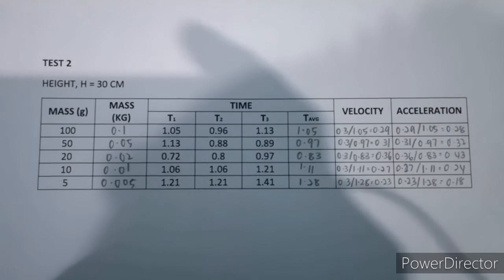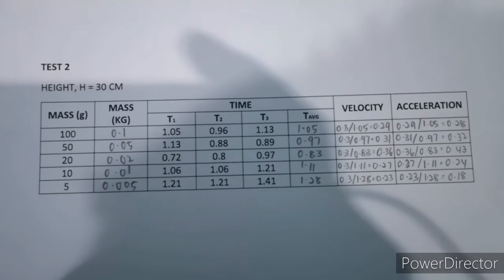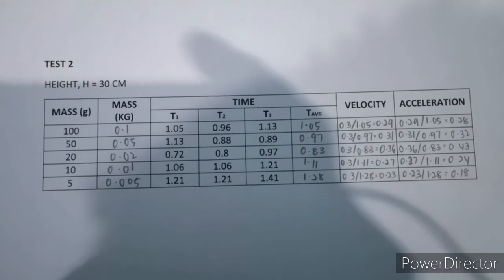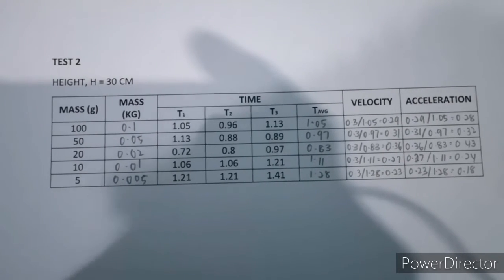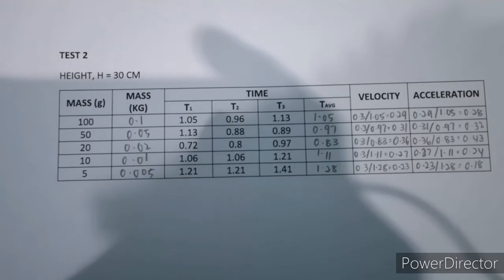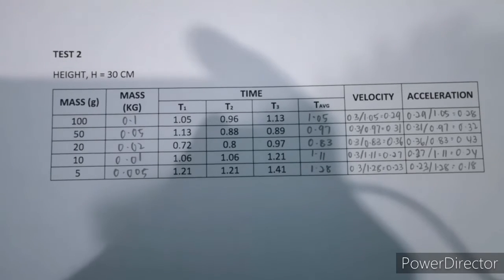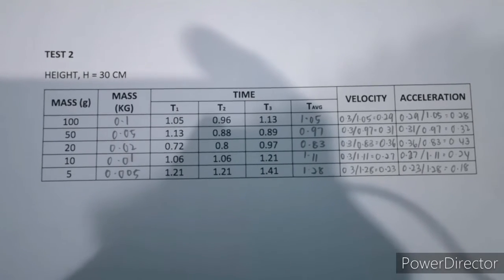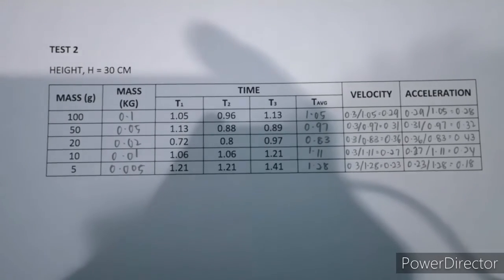Okay, this is table 2, or table for test 2. Same like table 1. They gave the mass and we change to kilogram, divide by 1000. So the time 1, time 2, time 3 was given. So the answer for time average is the same, plus all that and divide by 3.